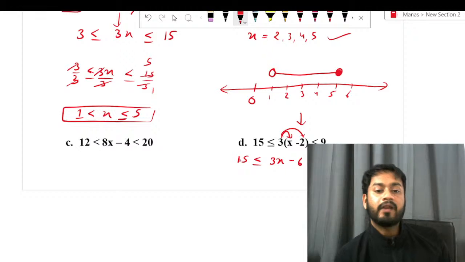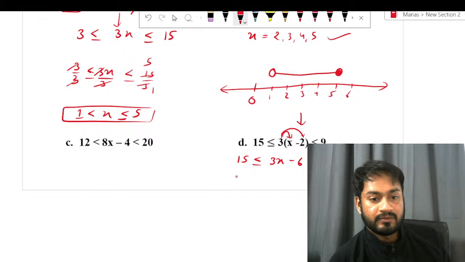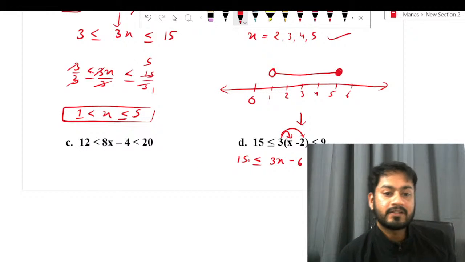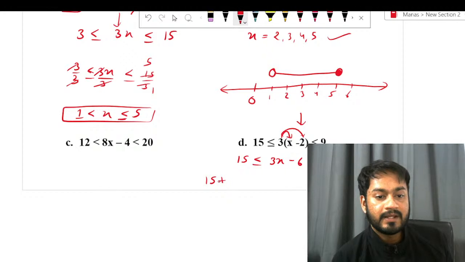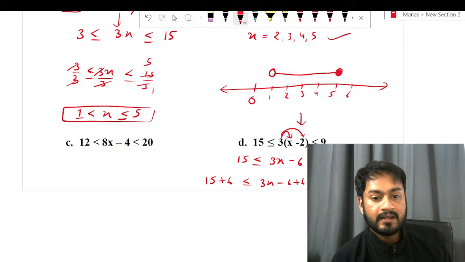Now I'll eliminate the 6 first, which means we need to add 6. So 15 plus 6 is less than or equal to 3x minus 6 plus 6, less than or equal to 9 plus 6. This will be eliminated, and 15 plus 6 is 21, less than or equal to 3x, less than or equal to 15.